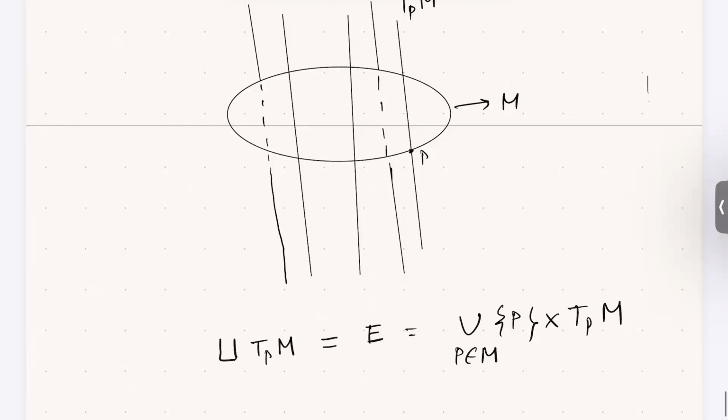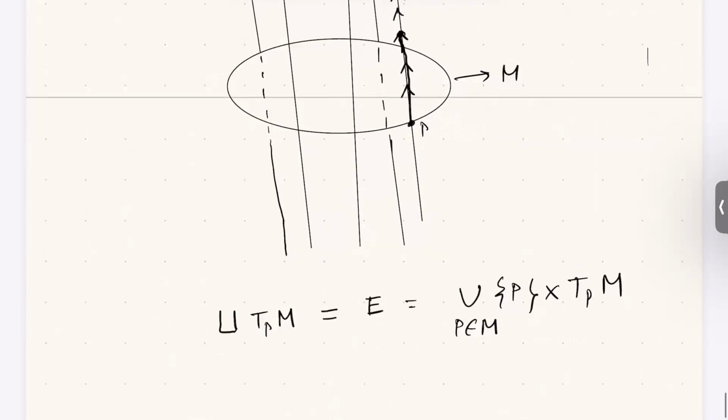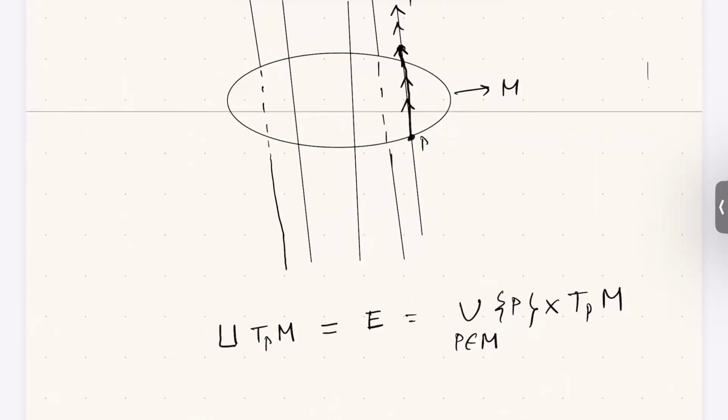Now, if I consider a vector here, and I take the projection, then I will get the point P here, right? For all these vectors, whatever vector I consider, I will always get the point P under the projection.